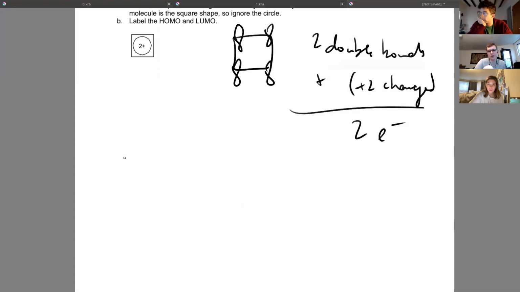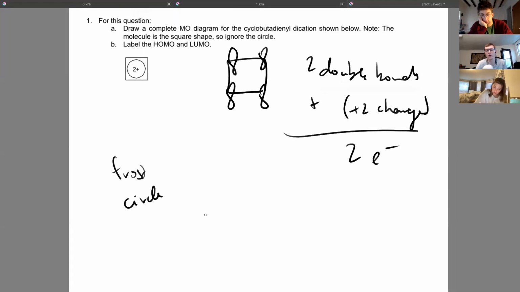So we have to use something instead that's called the Frost circle, which is something that you'll see next chapter. And this, I might not worry about it overwhelmingly for this quiz, but what you do for the Frost circle, which we'll definitely talk about more next week, is you draw the molecule, and then at each corner you draw a molecular orbital.